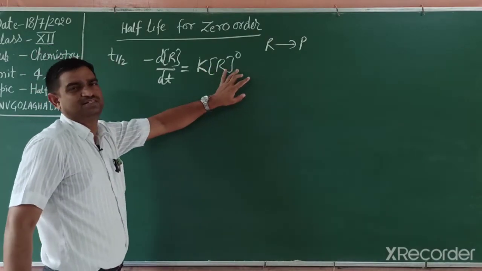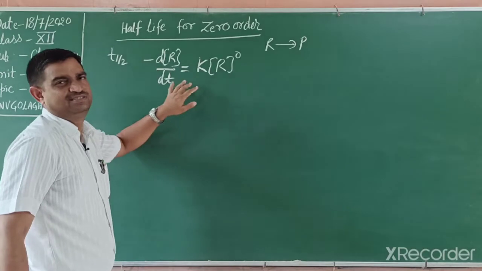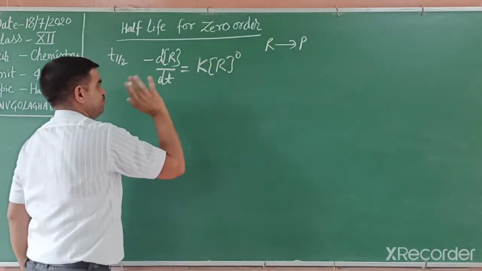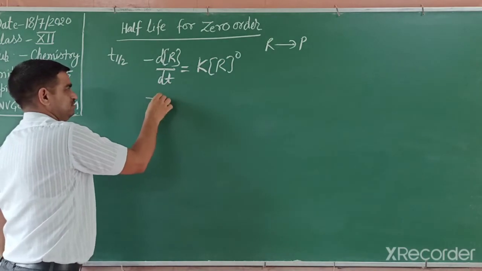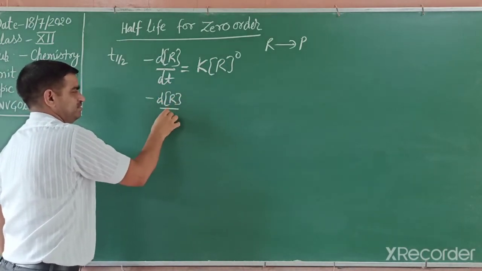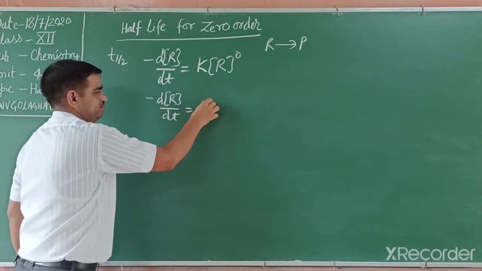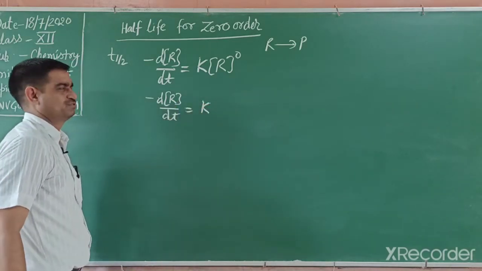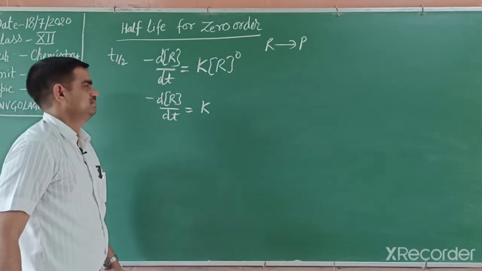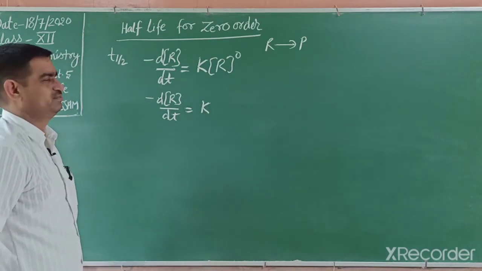This one is differential rate equation, you already studied. And when any power 0 means 1. So we solve this, minus dR divided by dt is equal to k. K means rate constant. So yesterday we already studied this is integrated rate equation.